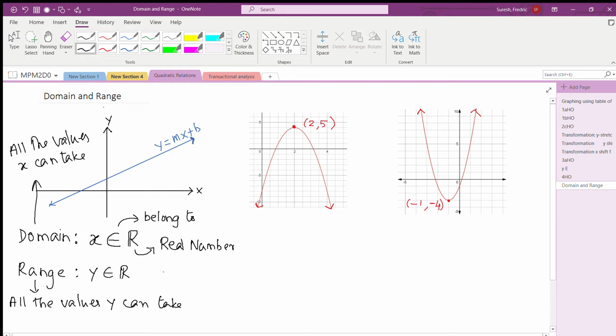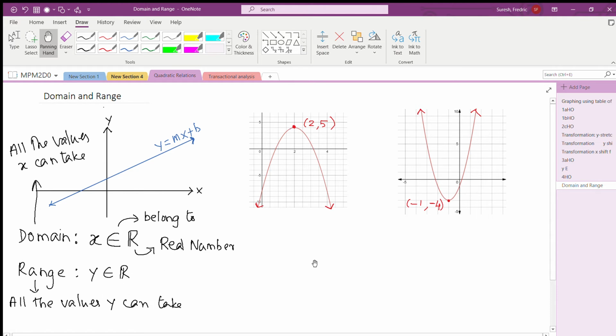As soon as you see a straight line, and if somebody asks you, tell me all the values x can take, which means they're talking about the domain, and all the values y can take, they're talking about range, you will write x belongs to real numbers and y belongs to real numbers.